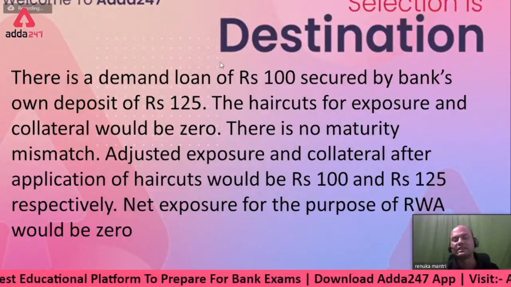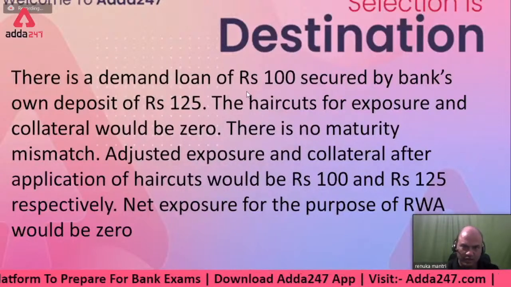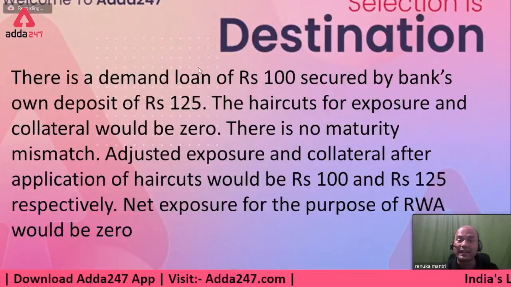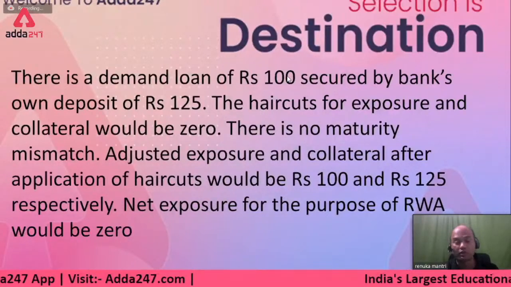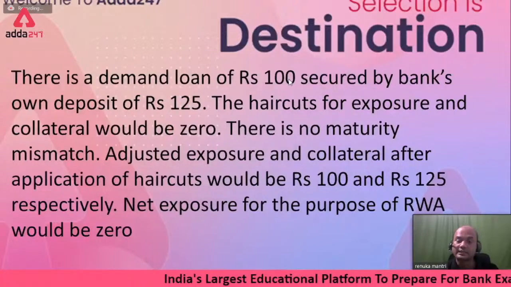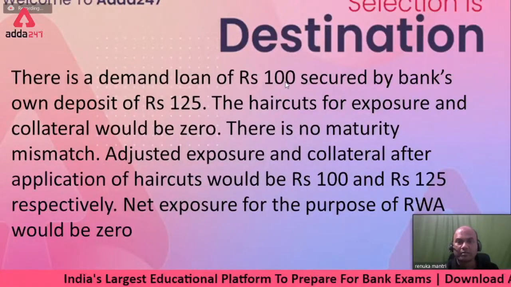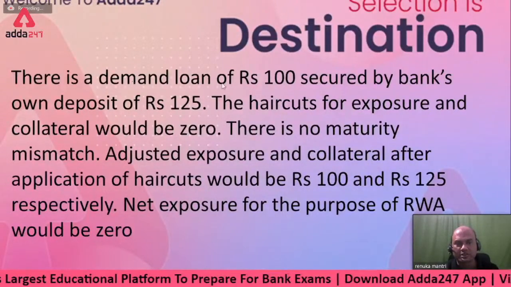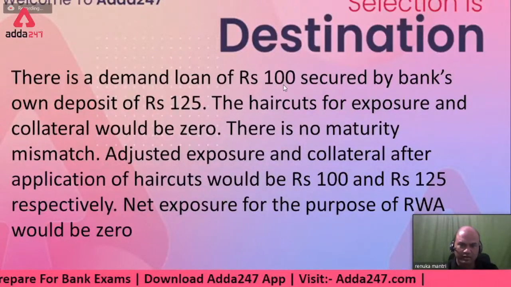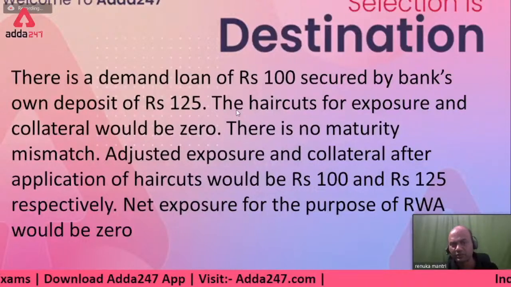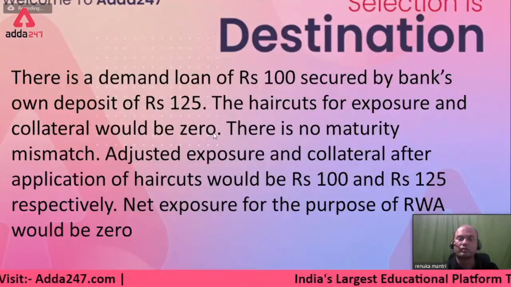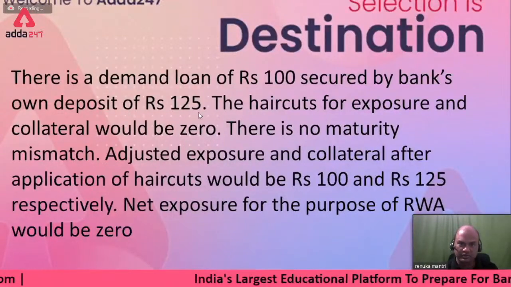Now, in this case, let me explain. In this case, what is the net exposure at risk? What is the net exposure at risk over here? I'll say 0. Why? Because if tomorrow this loan goes NPA, then what can I do? I'll immediately break this FD, right? So what is the exposure now? 0.